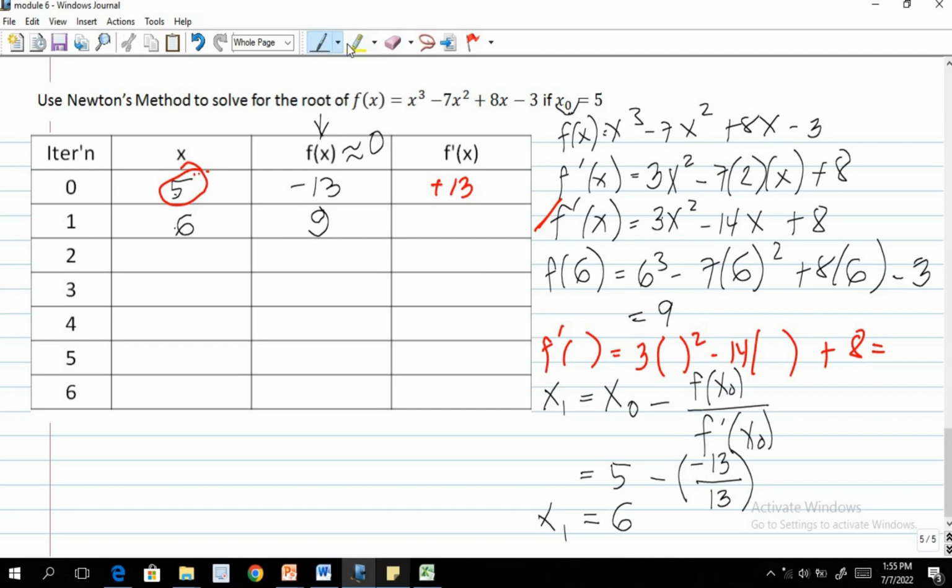Then, for my f prime x, sa-substitute ko lang ulit yung 6 sa may f prime x. 6, 16 dito. So, ang lalabas sa calculator ko na value is 32.